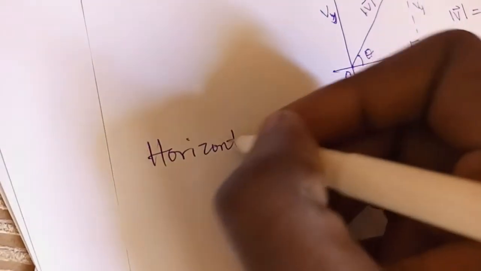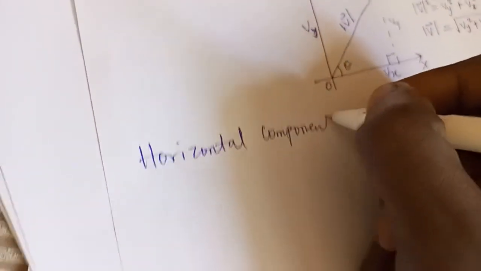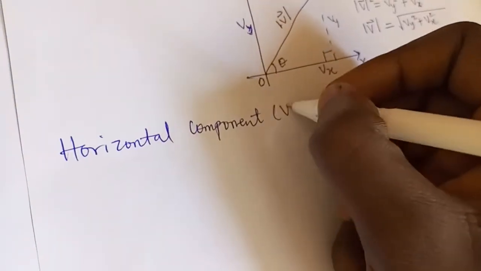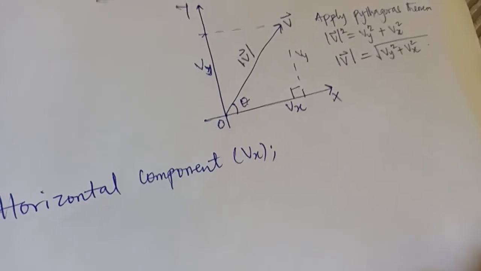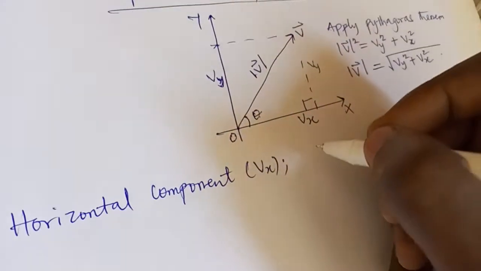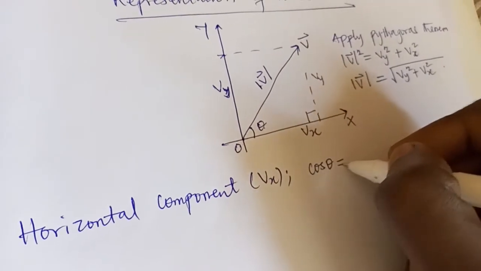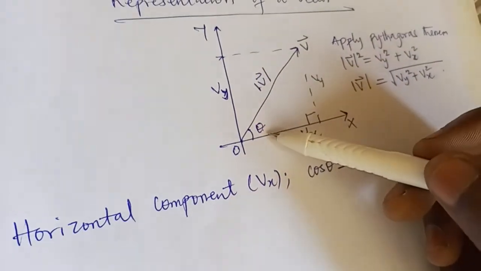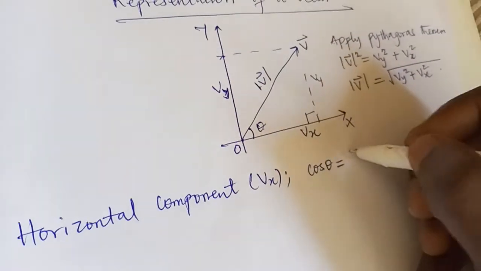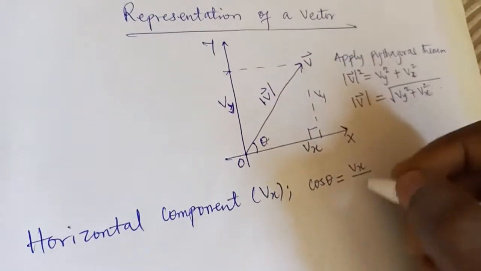The horizontal component of vector v, which is vx, how do we obtain it? We obtain it using the knowledge of trigonometric ratio, using the cosine. If I say cos theta is equal to adjacent over hypotenuse, the adjacent of this right angle triangle is vx, and the hypotenuse is the longest side, which is the length of vector v.